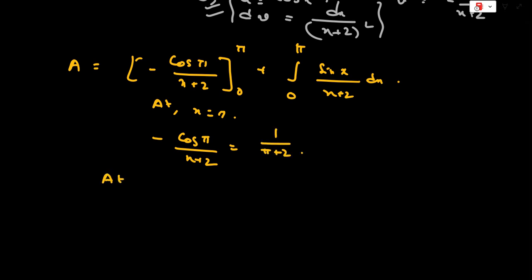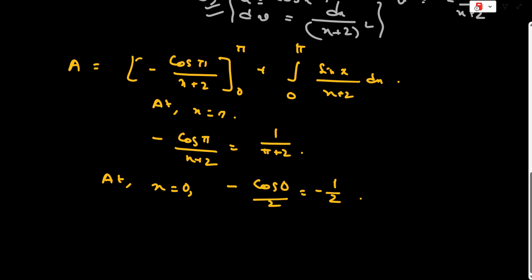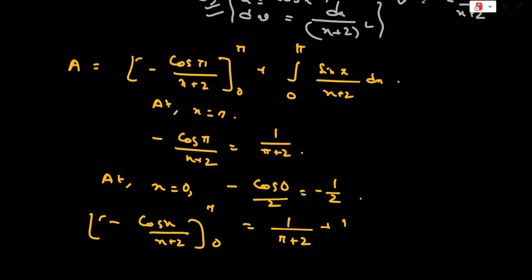And at x equal to 0, minus cos 0 by 2 is minus 1 by 2. So the boundary term is 1 by (pi plus 2) plus 1 by 2.